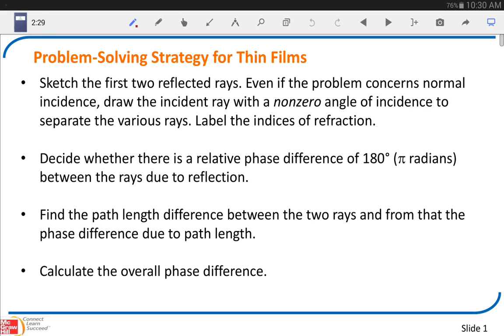And label the indices of refraction in each region. Then decide whether you have a phase shift of pi radians for each reflection. Do you remember the rules for if there's a phase shift on reflection or not?